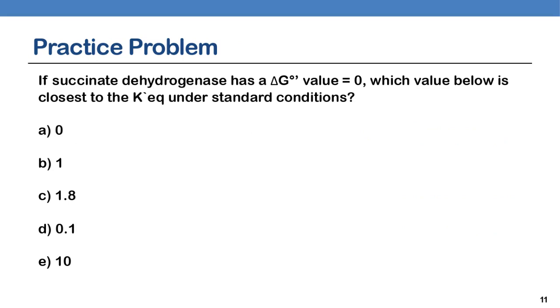All right, if you are looking at succinate dehydrogenase and it has a standard free energy of 0, which value below is closest to our standard conditions? Let me just put up a quick poll. D. There we go.